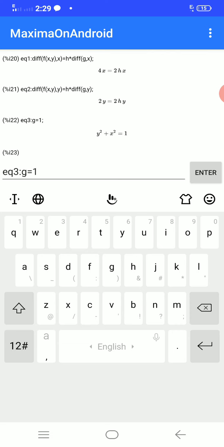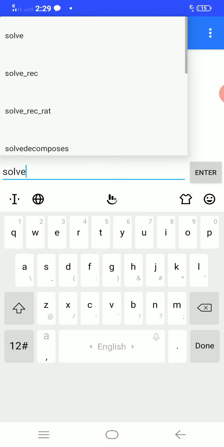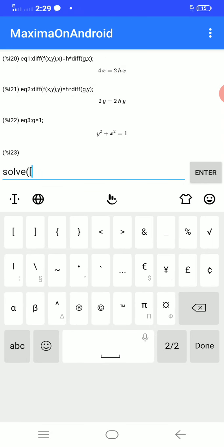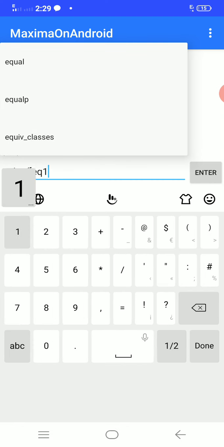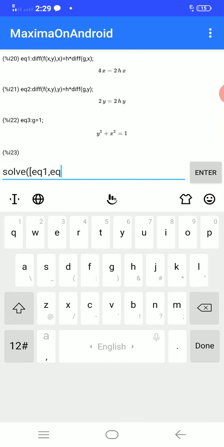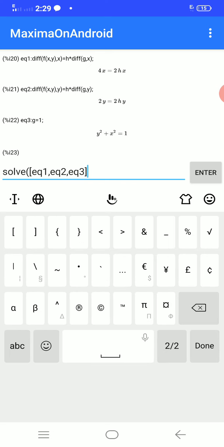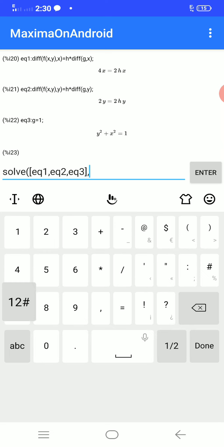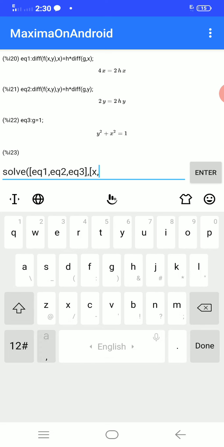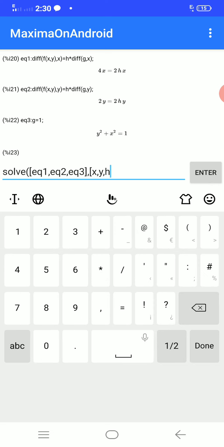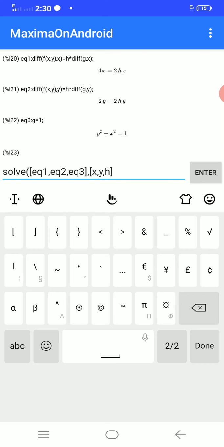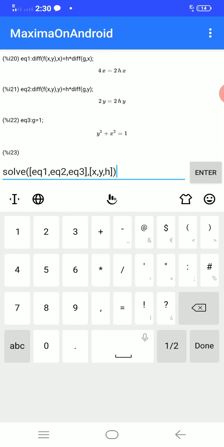Now we solve the system for x, y and h. So we use solve of eq1, eq2, eq3, then x, y, h, then enter.